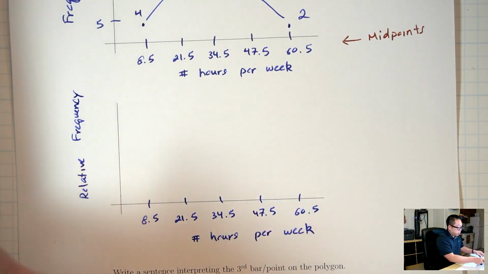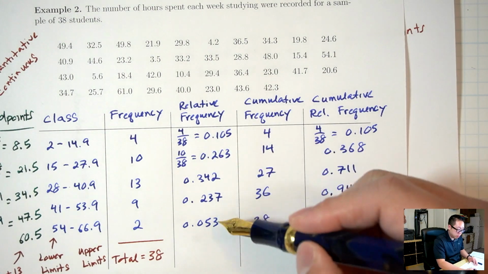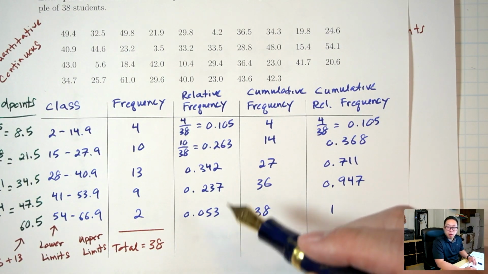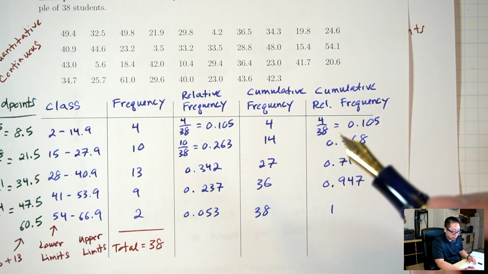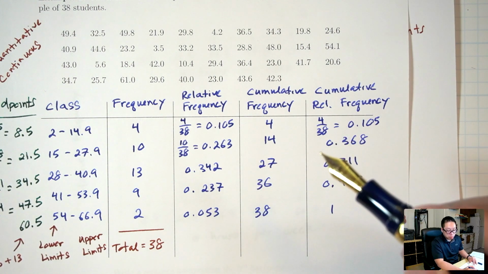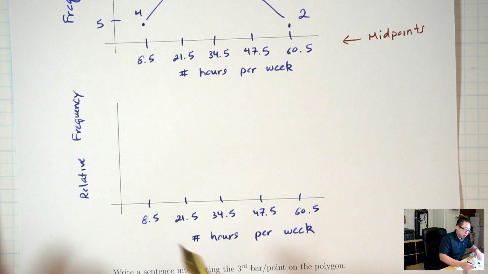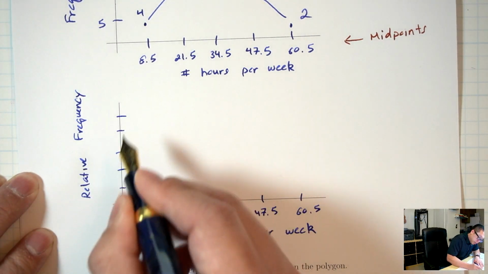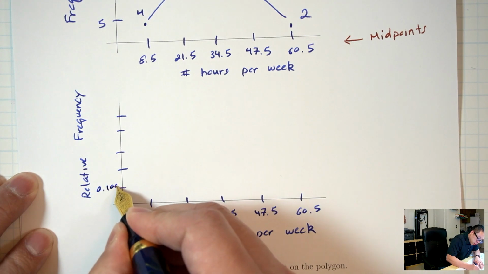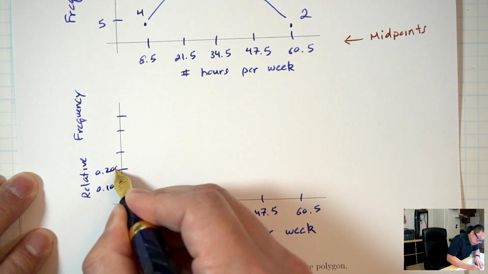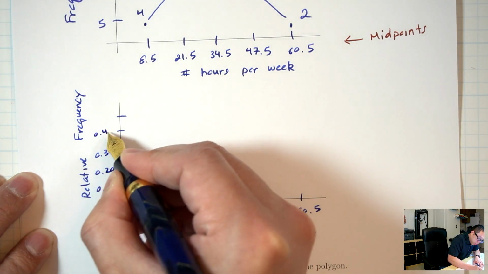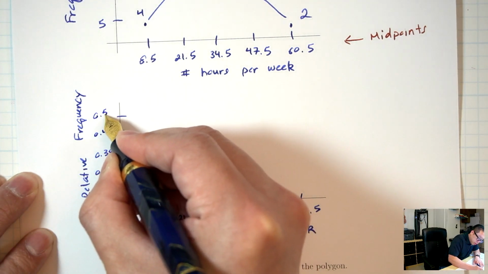My relative frequencies are these numbers. 3 decimal places here, and going up to 0.342. I'm going to go by 0.100, 0.200, and so on. 0.100, 0.200, 0.300, 0.400, and 0.500.